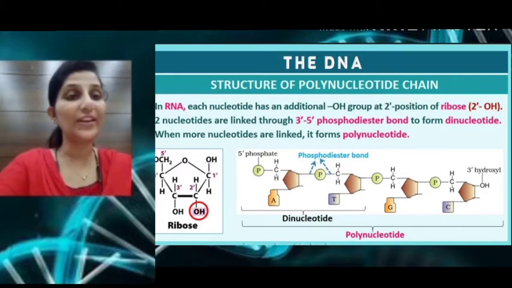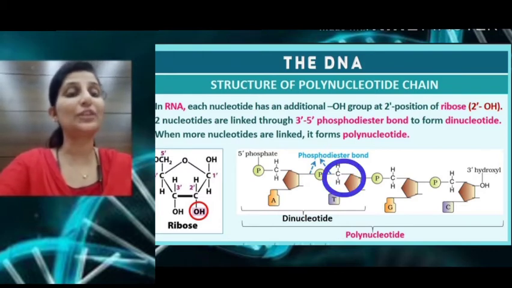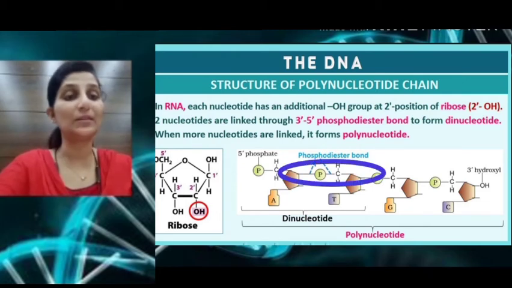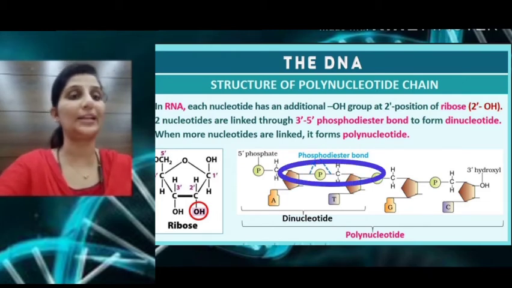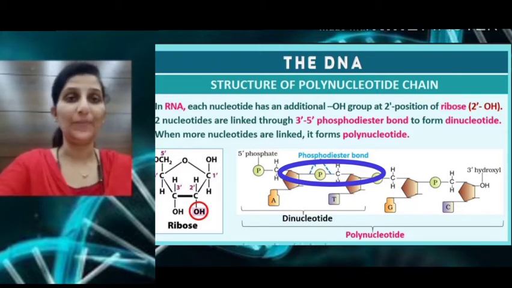And this phosphate group is again attached to the second nucleotide at the fifth carbon atom of the second nucleotide's pentose sugar. So the bond is formed between the third carbon atom and the fifth carbon atom of two consecutive nucleotides' pentose sugar. So that's why it is called 3'-5'.